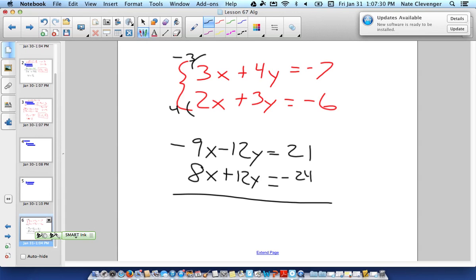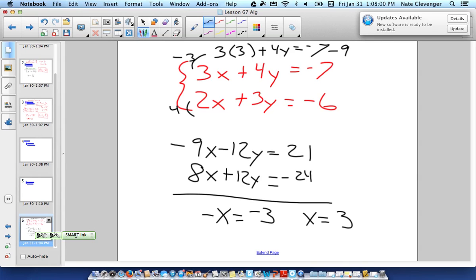We add our columns. We get negative 1x equals negative 3, so x equals 3. Plug that back into one of your equations. You have 3 times 3 plus 4y equals negative 7. I'm just picking that one because it's on top. 3 times 3 is 9, so I subtract 9.